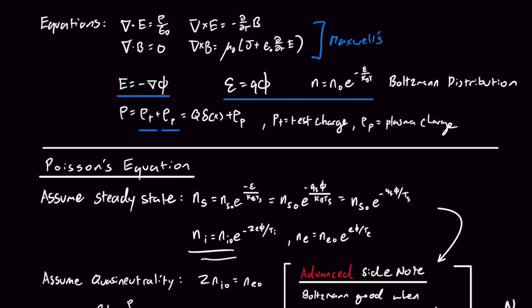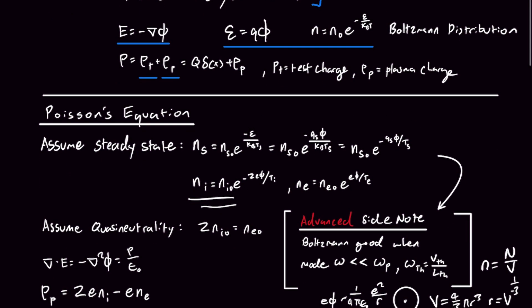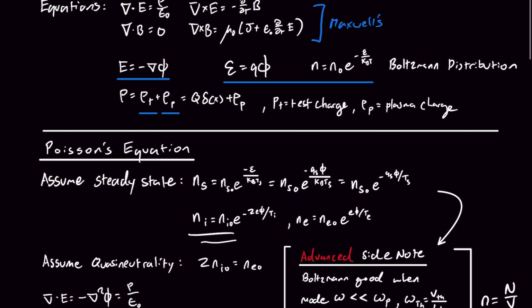So the first thing we want to do is figure out a lot of different assumptions about the state of the plasma so that we can have a working model to play around with. One of the things we know, and the reason why I brought up the Boltzmann distribution here, is that we're going to have a plasma.